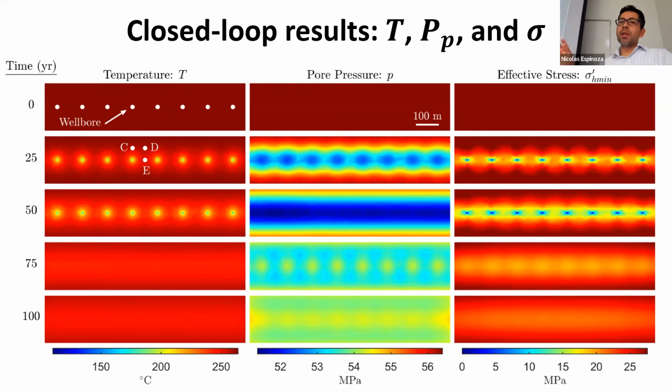In many of these closed loop designs, the objective is to circulate the fluid without changing the pore pressure of the rock directly. So there is no interchange of fluid between the rock and the wellbore. So we're not changing the pore pressure by injecting fluid into the rock. Why would the pore pressure change?